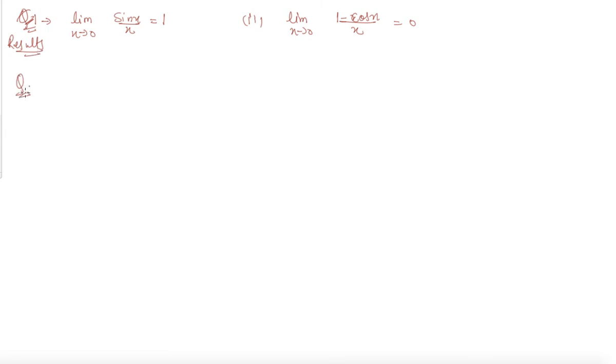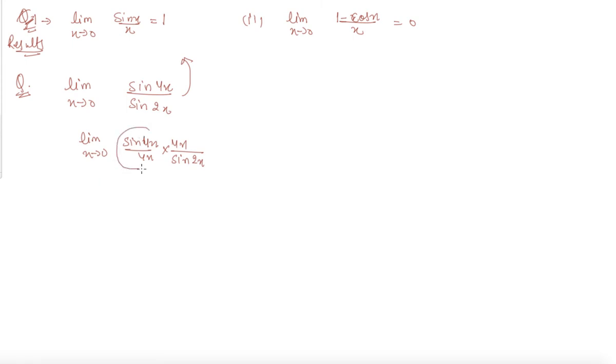Now I am doing the question, students. The question is given to us as limit of sin 4x upon sin 2x. Now I will write this as sin 4x upon 4x into 4x over sin 2x.